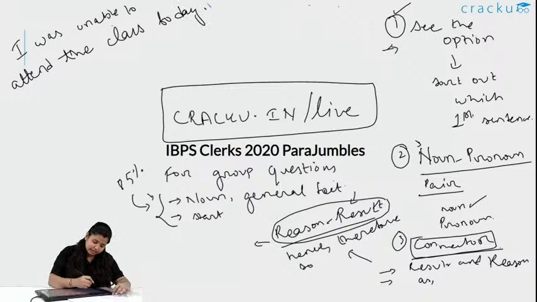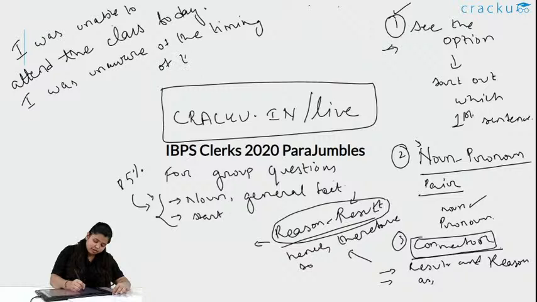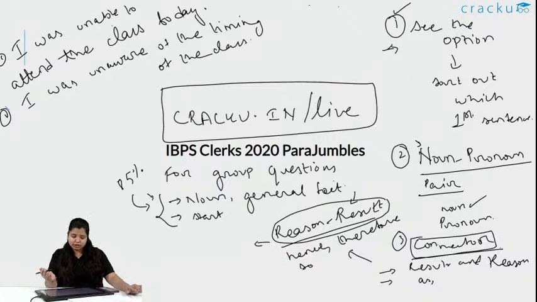Okay. The other sentence is, I was unaware of the timing of the class. Okay. There are two sentences, 1, 2. I was unable to attend the class today. I was unaware of the timing of the class.